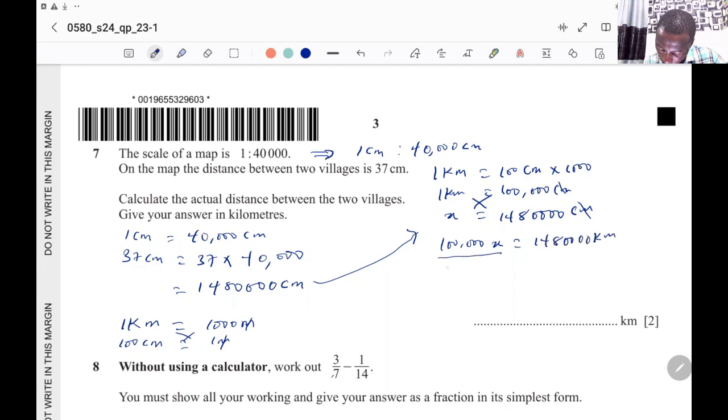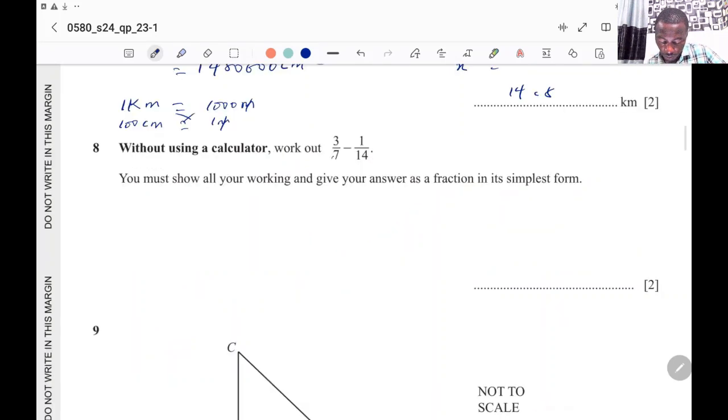Let's divide both sides by 100,000, so this cancels this. My x becomes equal to, when 0 cancels 0, 0 cancels 0, 0 cancels 0, 148 divided by 10, which gives us 14.8.